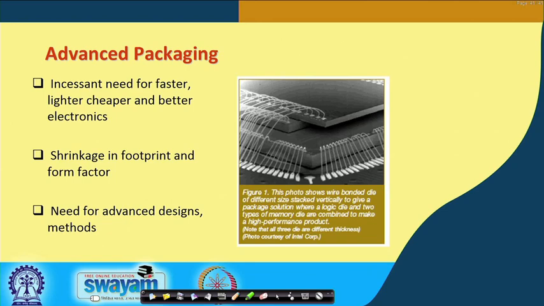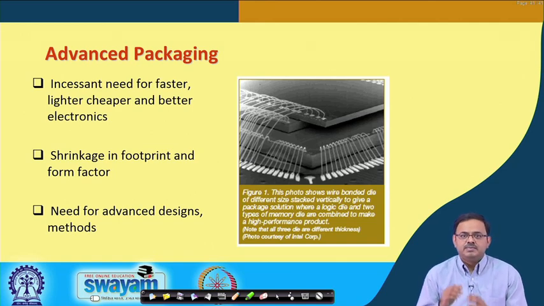Now the picture that I am showing over here is something called a 3D stacking of dies, and as you can see, we had talked about wire bonding as part of our discussions, and what we see here are actually three such pieces of silicon. So three such components with their own circuitry inside, stacked on each other, right, and we see from the periphery these wire bonds coming out.